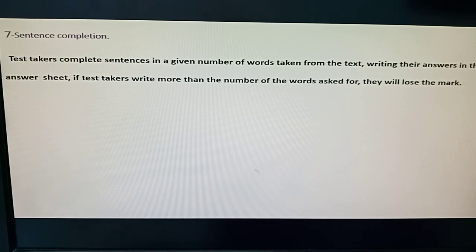So you read the text and then write the words in the answer sheet. If test takers write more than the number of words asked for, they will lose the mark. So if the instruction says write no more than 3 words, don't write 4 words. You can write 3 or 2.